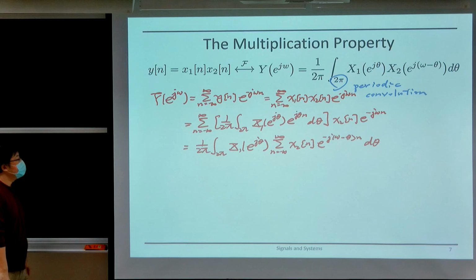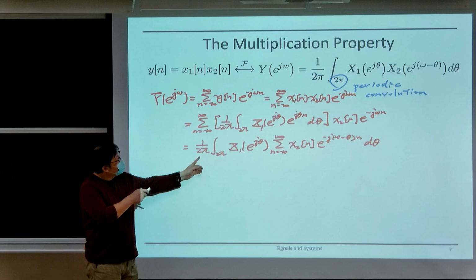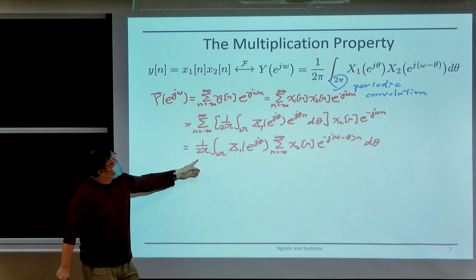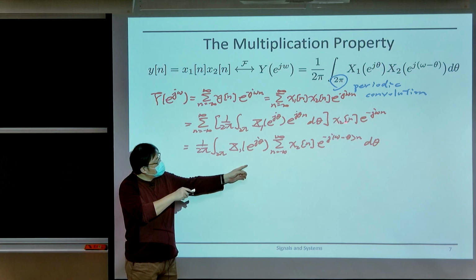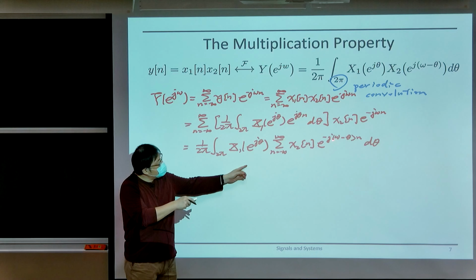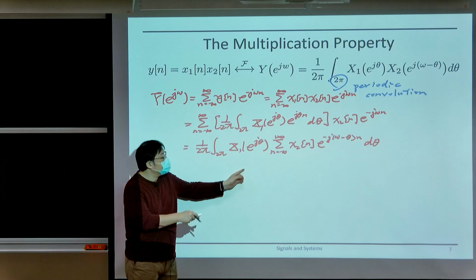So I'm bringing out this 1 over 2 pi integral and X1 right over here, bringing this summation inside so that I have a summation over x2, and then combining these two terms, I get e to the minus j (omega minus theta) times n, d theta.